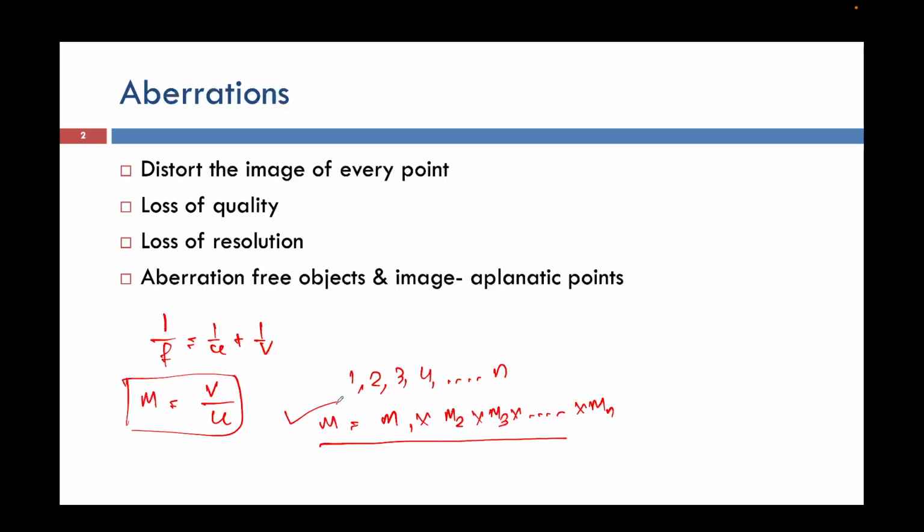There are defects associated with the lenses, which are called aberrations. Due to these aberrations, we cannot put 10 or 100 optical lenses in our path from object to image and get a higher magnification image.